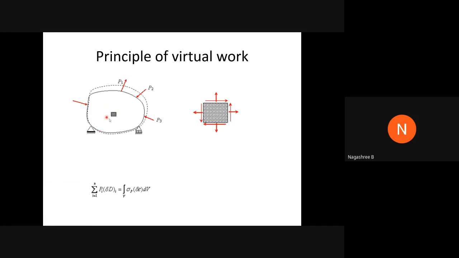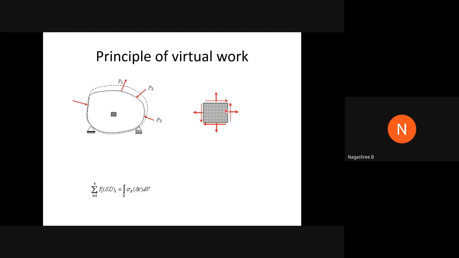This is a small element which I have considered within this structural system, and the stresses on the surface caused by the P forces are shown in figure 2. This is the small element shown in figure 2, wherein the stresses caused by the P forces are shown by the arrow marks.